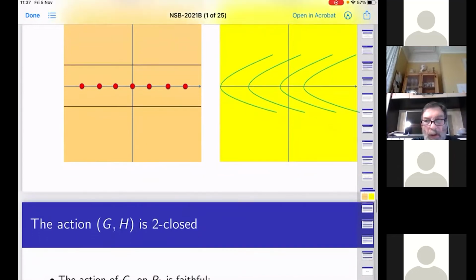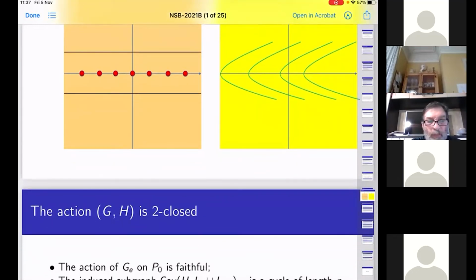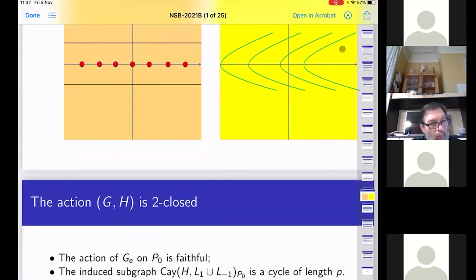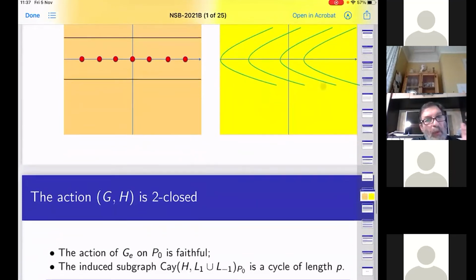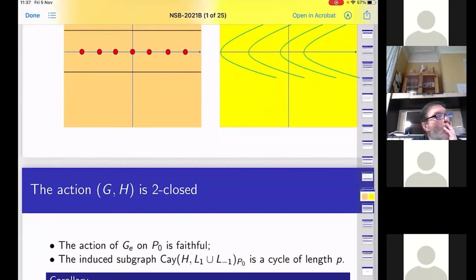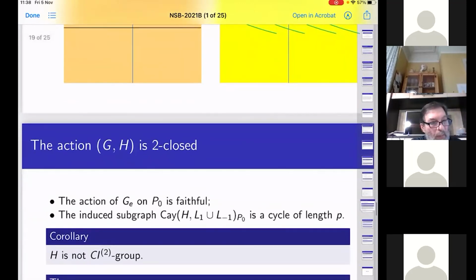And the second thing: if I take my two-orbits of my action and restrict them to that parabola, I will get very nice graphs. My graphs will be just p-cycles, and the automorphism group of a p-cycle should be the dihedral one. We know that if I restrict the action of the point stabilizer to the parabola, I will get the dihedral group. So this is how we prove this is 2-closed.